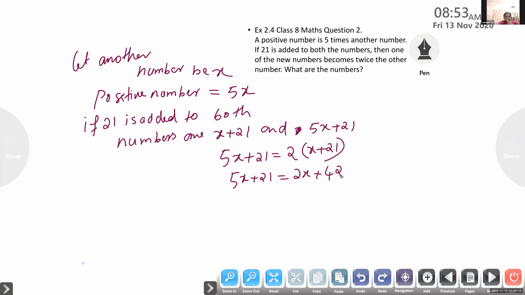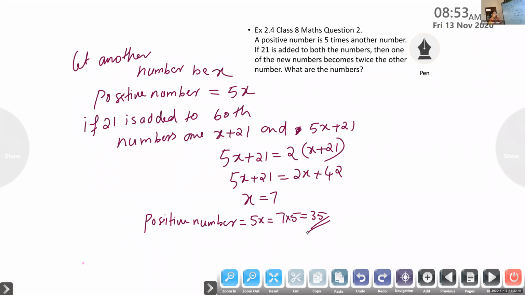Ma'am, 7. x equal to 7. So the other positive number is 5x, that is 7 into 5, 35. Therefore, the required numbers are 7 and 35.